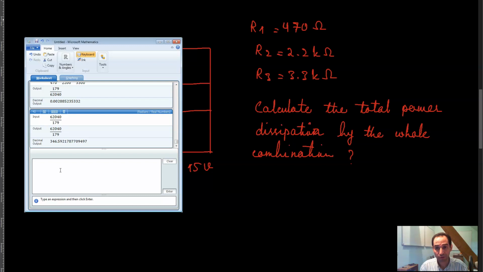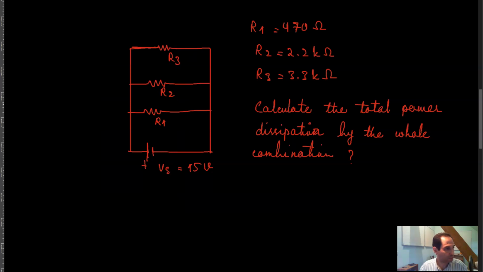Take 3 significant figures, for example. You would get 346 ohm. So R of T in this circuit is 346 ohm.